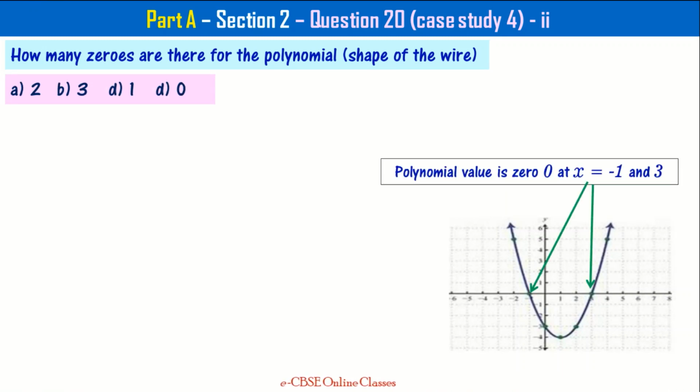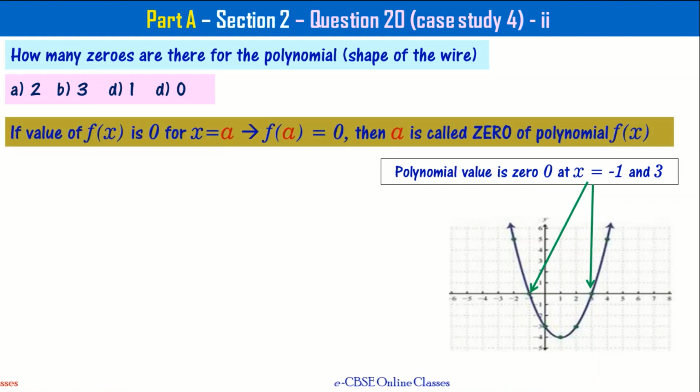And as you see here, the polynomial value is becoming 0 at x equal to minus 1 and x equal to 3, right? And you may recall that if the value of f of x is 0, for example, for x equal to a, then we write it as f of a equal to 0, and then a is called a zero of the polynomial f of x.